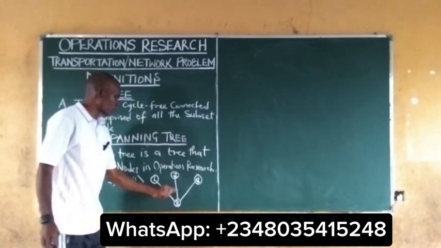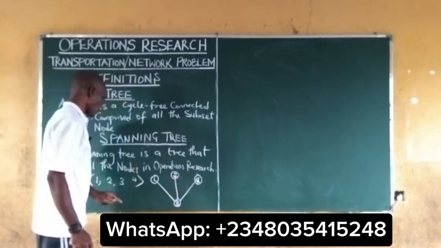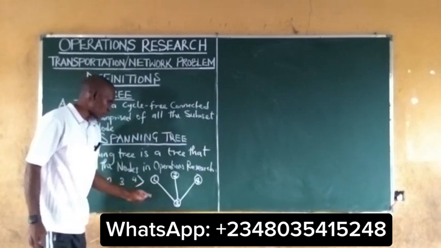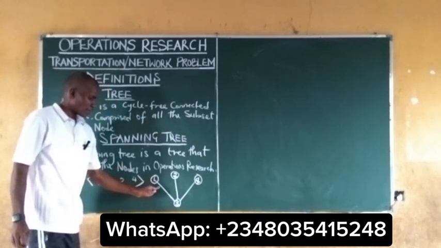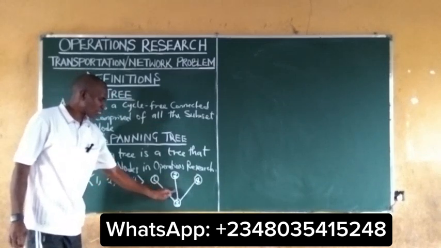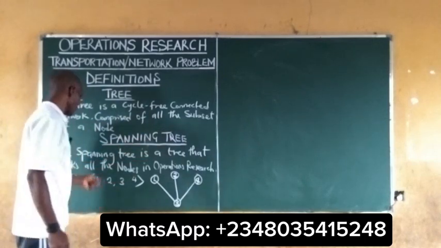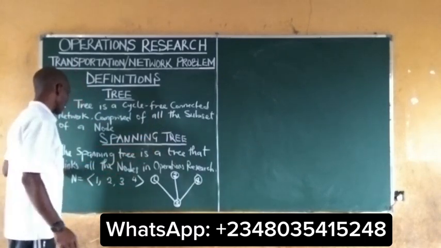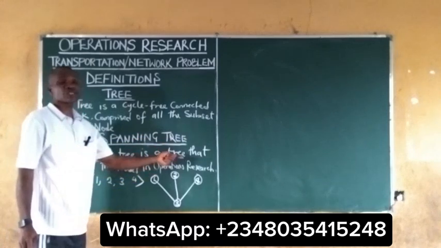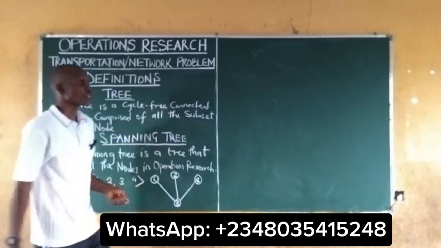So these are the nodes. They are being connected by the lines. So the spanning tree is a tree that links all the nodes in operations research.